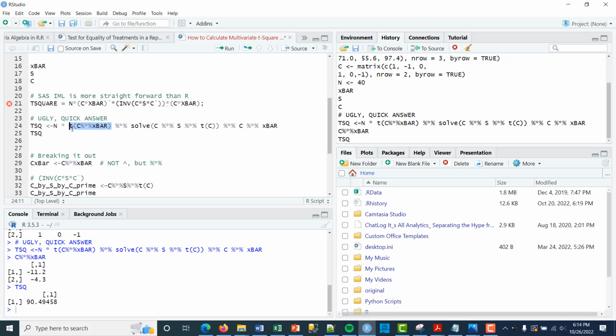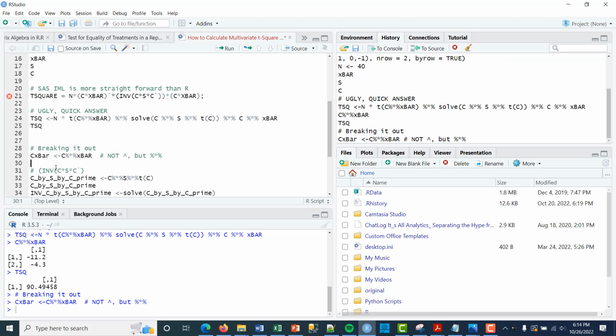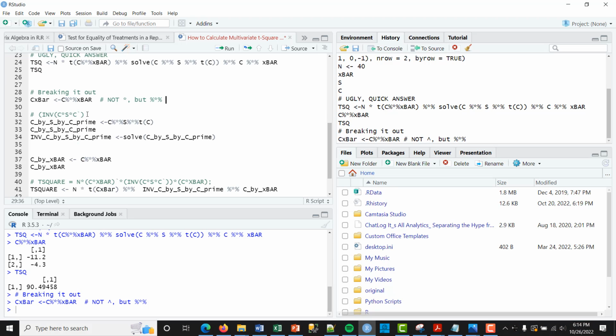Okay, so if I break it out into components, what I can do is take these individual components, and again, CX bar is just this thing right here. And again, I make a comment here that it's not just a scalar, it's not this, but that. Okay, and then let's do the inverse.